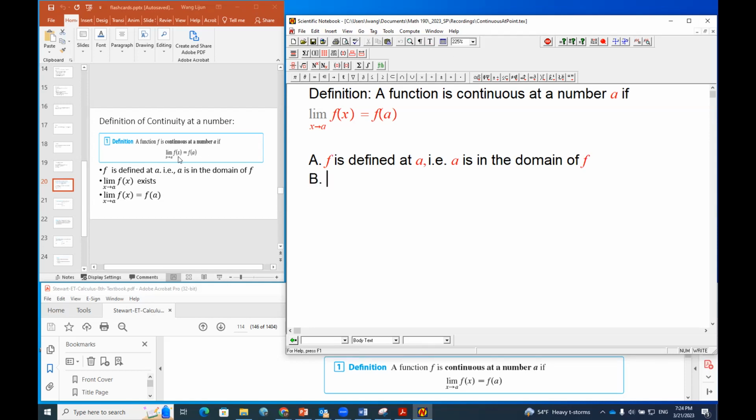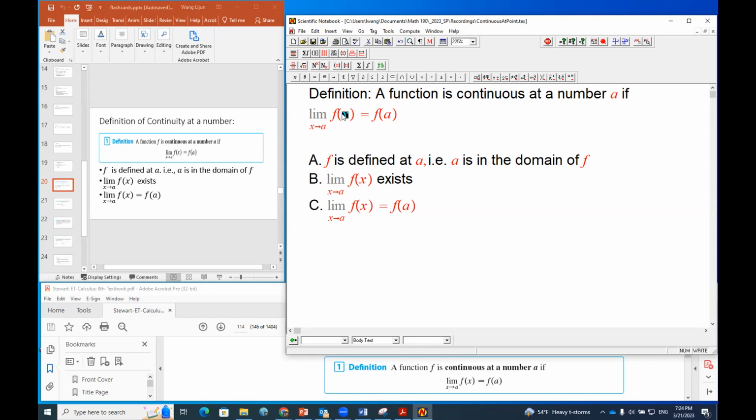Secondly, the limit exists. And thirdly, the existing limit at point A is exactly the same as the function's value at A. So there are three items, and they must all be satisfied. If all three are satisfied, then we say the function is continuous at a number A.